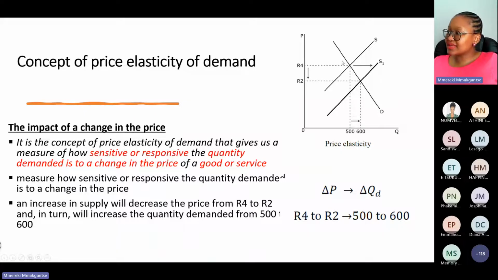There's a lot of surplus, so if suppliers supply more of a product, it becomes cheaper. For example, when a new car like the Audi Q3 enters the market, the first ones are very expensive.